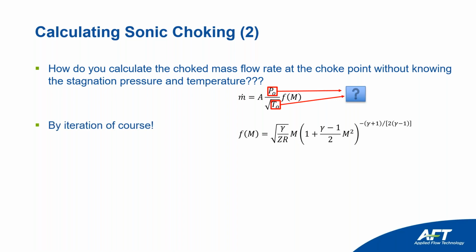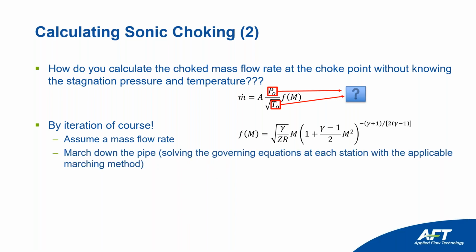You can do this manually by hand. The way that you would do this is you would start off by assuming a mass flow rate. When you assume mass flow rate, you solve all of the fundamental thermodynamic equations down a pipe just like you would normally.